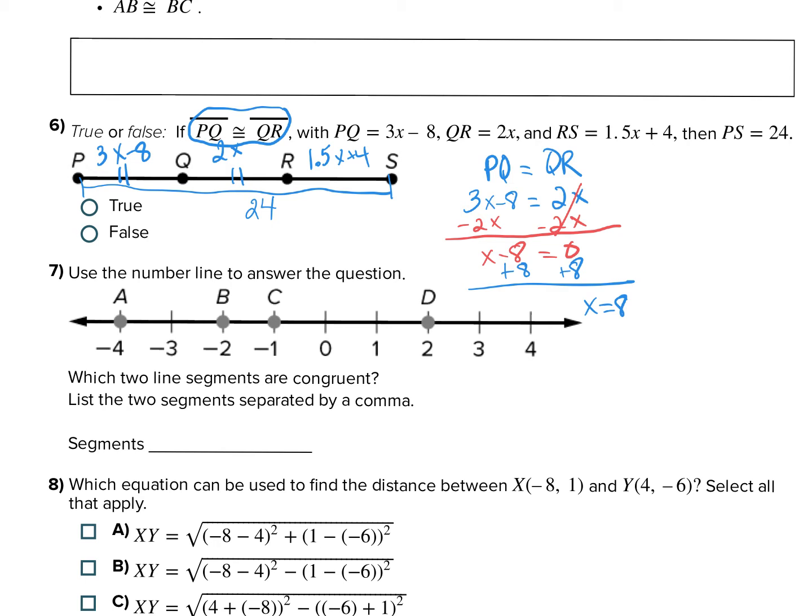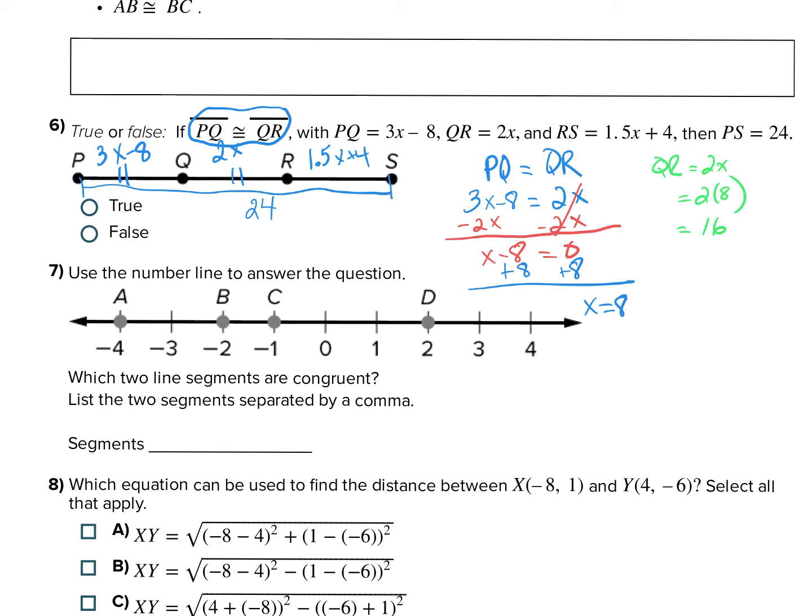Now that we know what x equals, I can plug in the value of x into each expression to determine the individual values of the smaller line segments. So QR obviously is 2x. So when I substitute in 8 for x, I know that QR is 16.